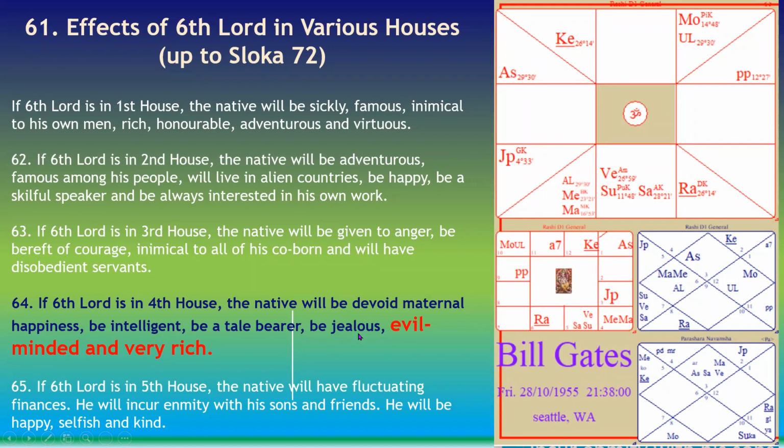I don't know him personally. Evil minded. Well, I don't want to start a conspiracy theory here, but hey, we all know. I have to mention this because I wasn't looking for his chart, and neither did I realize that he has the sixth lord in the fourth.